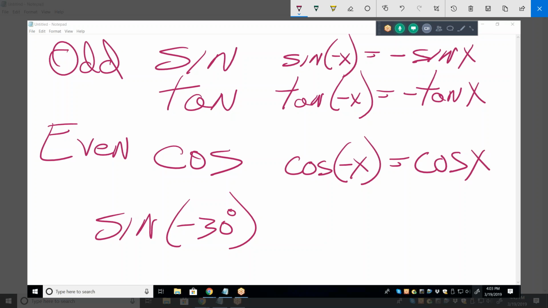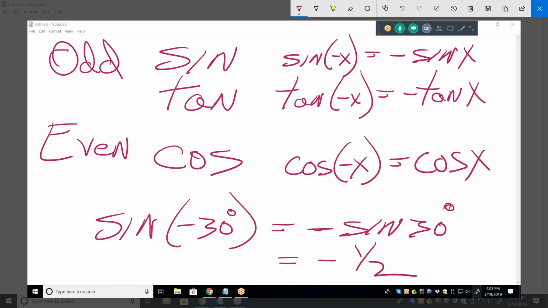But if you use the odd property of sine, then the sine of minus 30 degrees is equal to negative the sine of 30 degrees, and you know what the sine of 30 degrees is, 1/2. So it's a 2-step process if you use the odd property of sine. Same thing with cosine.